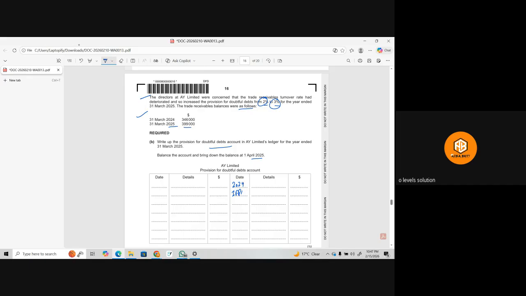So we need to multiply this with the 2%. What is the answer for that? Okay, one second. 6,920. Yeah, so this is our opening balance.